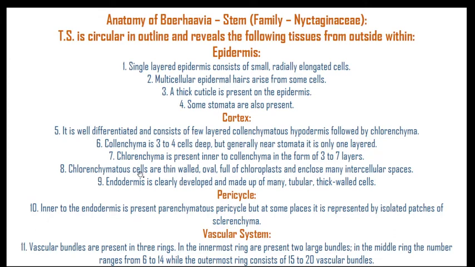These chlorenchymatous cells are thin walled, oval, full of chloroplasts, and enclosed by many intercellular spaces. Basically they are oval in shape, and that's why between two or three oval cells there are intercellular spaces. Below that there is the endodermis.